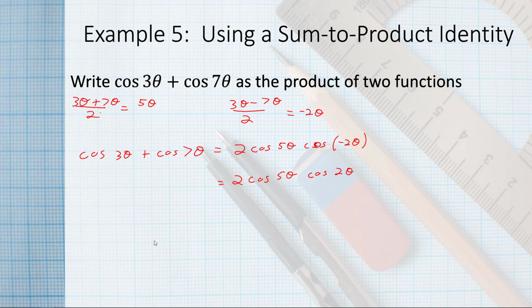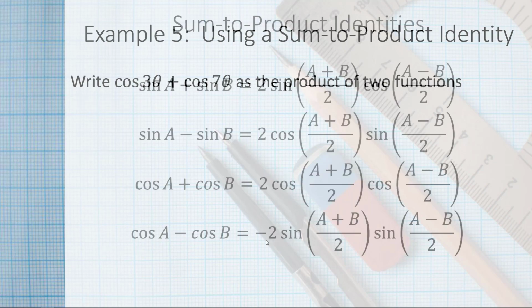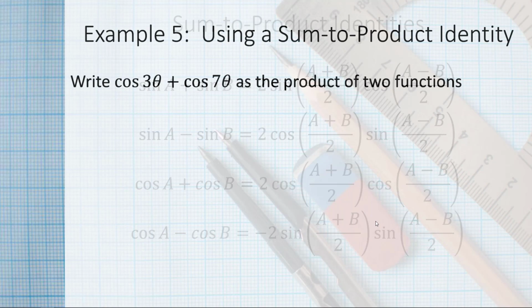And all we're doing, once again, is using the identity that this is equal to 2 times the cosine of (3 theta plus 7 theta) over 2 times the cosine of (3 theta minus 7 theta) over 2. That's pretty much all that we're doing here, once again using this identity right here.